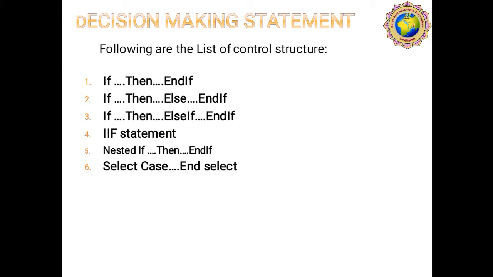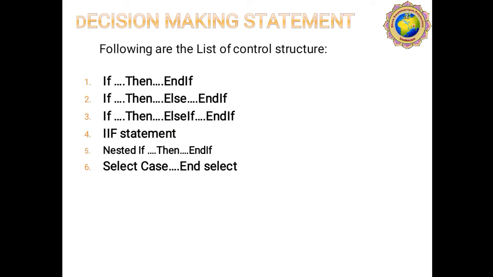Then the second decision making statement is if, then, else, then end if, where we study the if else statement. Third is if, then, else, and then a second if, which we can also call a nested if statement.